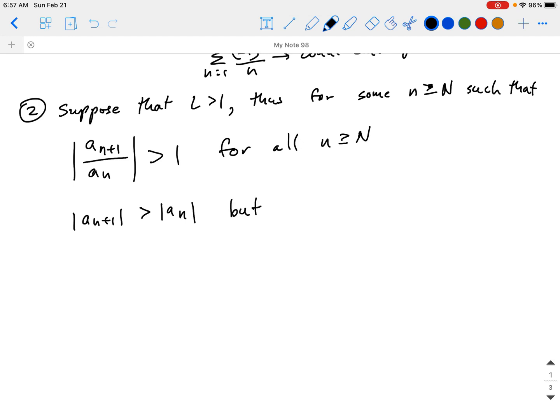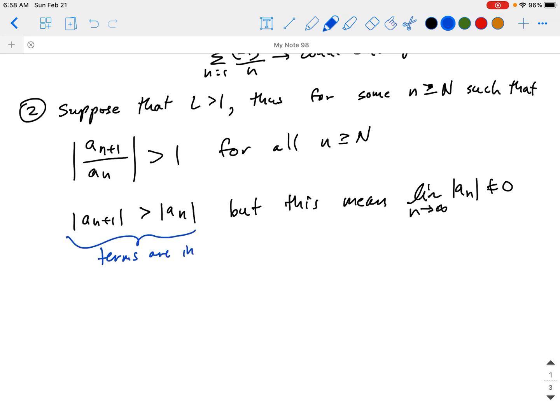But if the next term is bigger than the previous term, this means that the limit as n goes to infinity of our sequence is not equal to 0, right? So in order for our sequence to shrink to 0, it's got to be getting smaller in terms, but this is indicating that the terms are increasing.